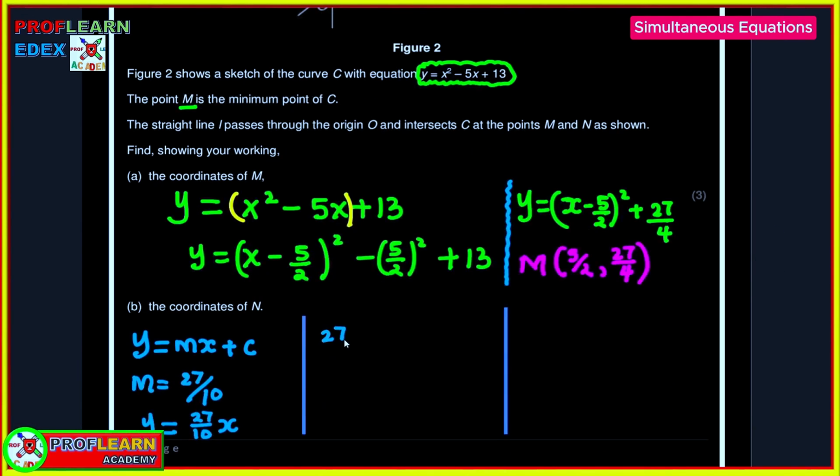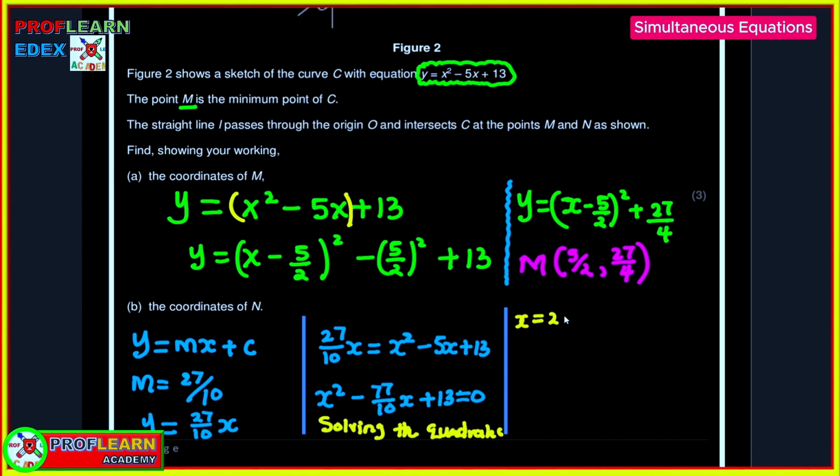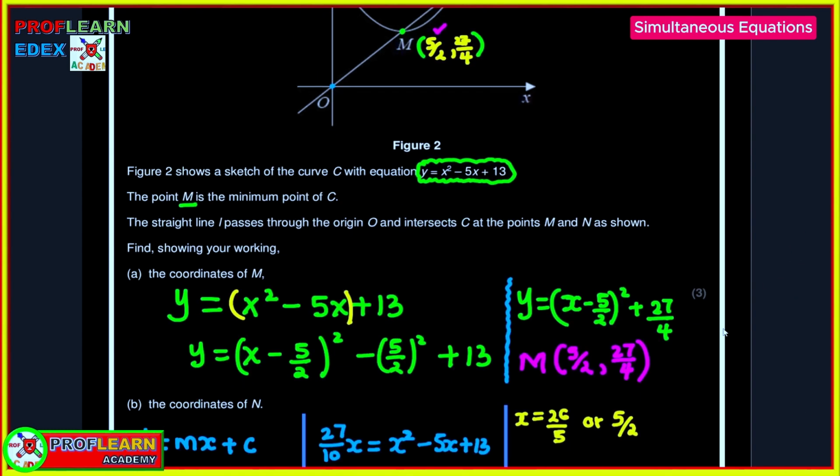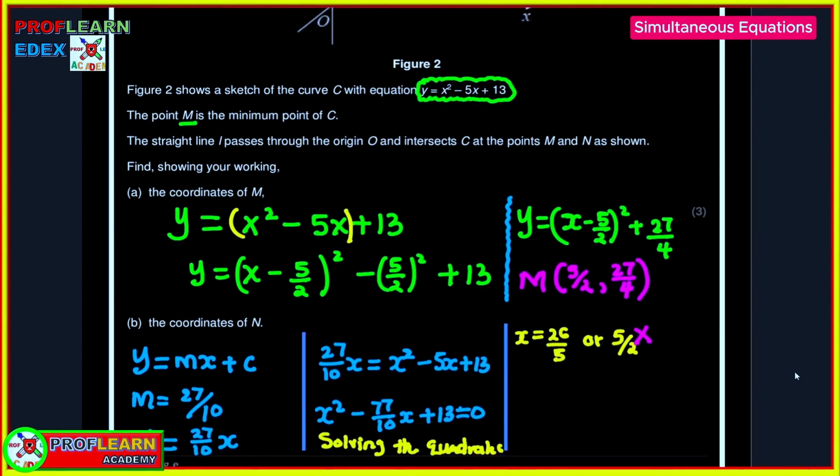So it will be y equals 27 over 10x plus 0, which is the equation of the straight line. Now, in order to work out the coordinate of n, we are going to equate the equation of the straight line and the equation of the curve, so that we can solve the quadratic equation that we form. Solving the quadratic, we get x is 26 over 5, or x equals 5 over 2. But 5 over 2 as the value of x, we had gotten as the coordinate of m, so we are going to ignore this one.